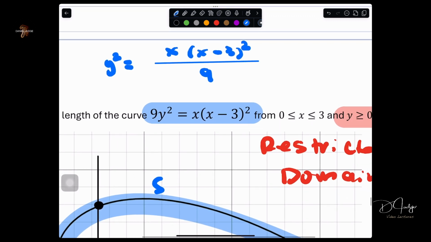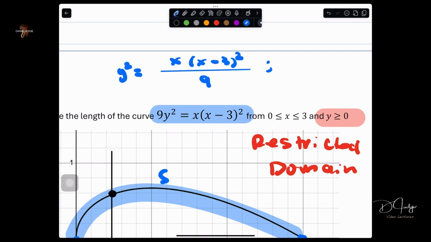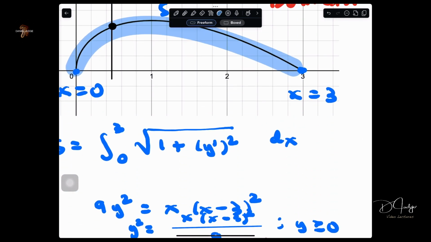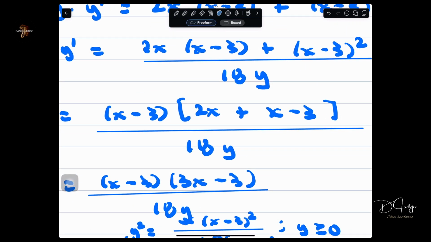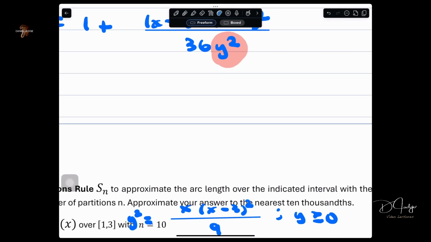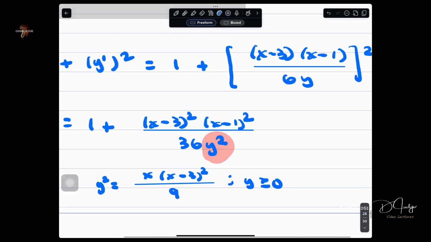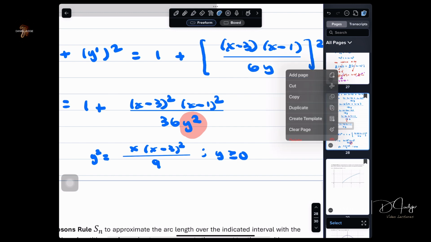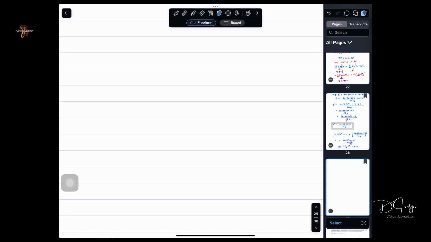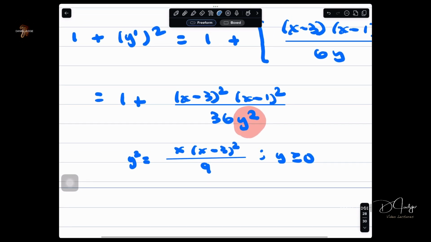And keep in mind that our y value will always be greater than or equal to 0 because of our restricted domain for this relation, although the graph portion is a function. All right, let's see what we can do with this. Do a little algebra here. We're going to need more space.